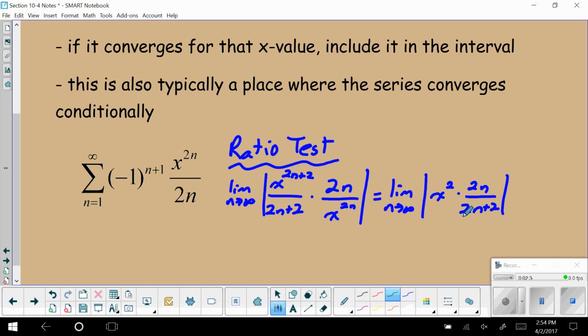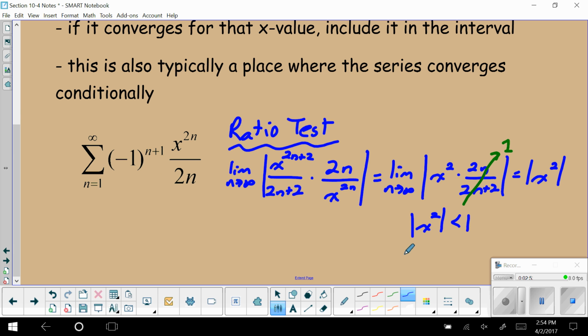The 2n over 2n plus 2 is infinity over infinity; I can do L'Hopital's rule or an end behavior model. This becomes 1, and this equals the absolute value of x squared. To converge, the absolute value of x squared has to be less than 1, which means x is between -1 and 1.